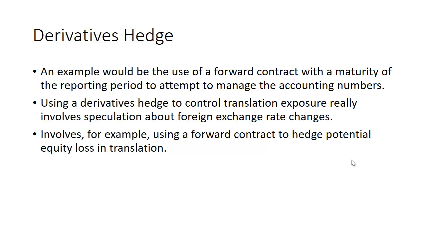It involves, for example, using a forward contract to hedge potential equity loss in translation. And again, this can be a problem because you have to sort of figure out in which direction you think the exchange rate is going to change. So, what's likely to happen to the equity.